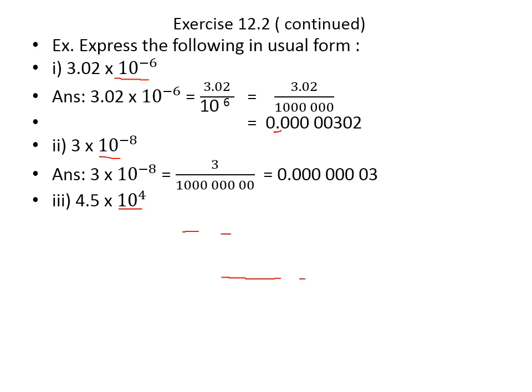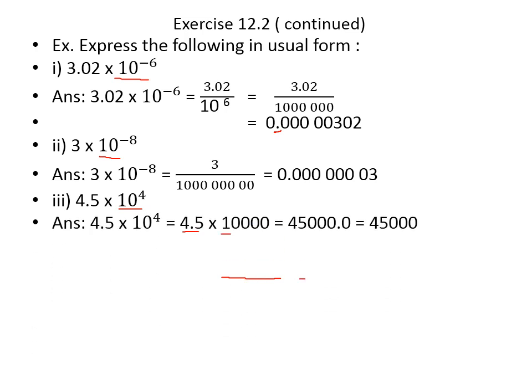So next example, 4.5 into 10 raised to 4. So 4.5 as it is, and 10 raised to 4 can be written as 10,000. So you multiply 4.5 into 1, so you will get 4.5, then 4 zeros.